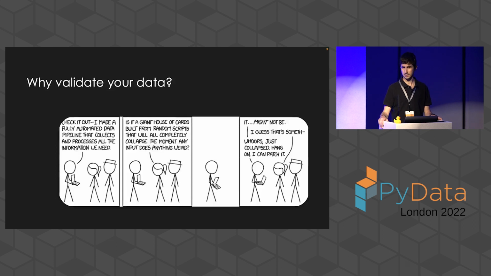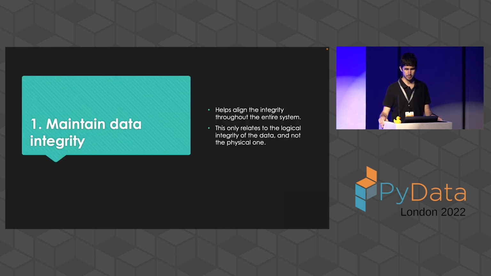So, the reasons to put data validation steps in place. First one, we want to maintain data integrity. Data integrity is a concept when you build software that essentially guarantees the quality of your data. And once you put data validation steps in place in your data science or machine learning product, then you help align that data integrity throughout the whole system.